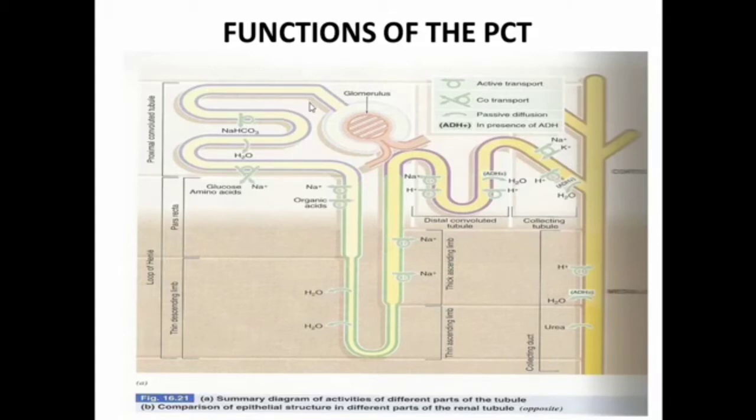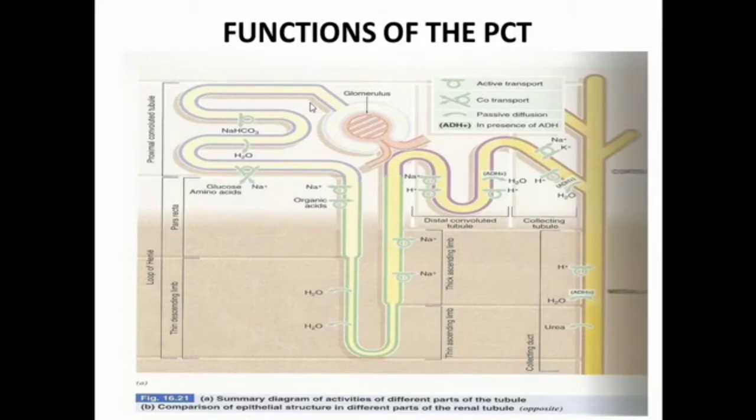For example, glucose, amino acids, vitamins, and some other things like fractions of calcium, bicarbonate, phosphate, potassium. So these all are reabsorbed in this portion of the nephron, that is the proximal convoluted tubule.